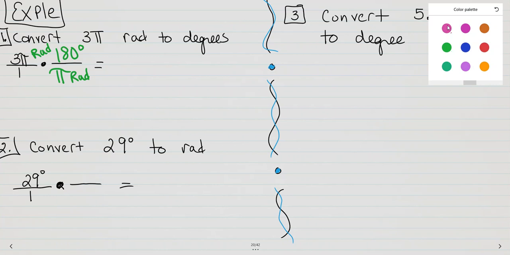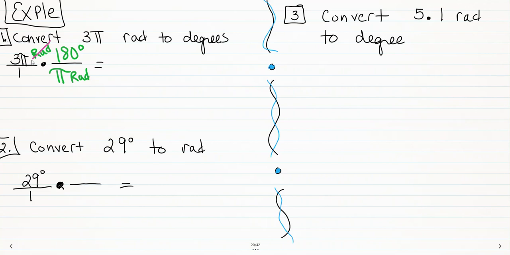When I write the units, it becomes very much more clear that we want to use the 180 over pi, because what we want is for the radians to reduce or divide out. The only way I can get rid of that radian with the 3 pi is to put the radian in the denominator of a unit fraction. So because we're trying to get rid of the radian and end with a degree, we want to divide out the radians. So that's how I know that the radians need to be in the denominator. So that's why pi is in the denominator, and if pi is in the denominator, then the 180 degrees must be in the numerator.